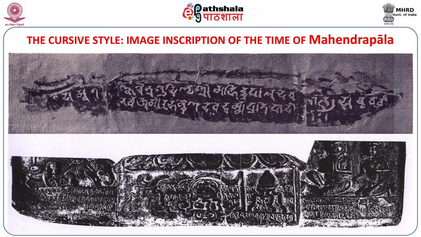To exemplify, we can take into consideration the most important and most recently discovered copper plate inscription of the time of the Pala ruler Mahendrapala. We can also take into consideration, apart from the longer inscriptions, these small donative inscriptions also dated in the rule of the same king, where these characteristics of the mature Siddhamatrika script are clearly visible.